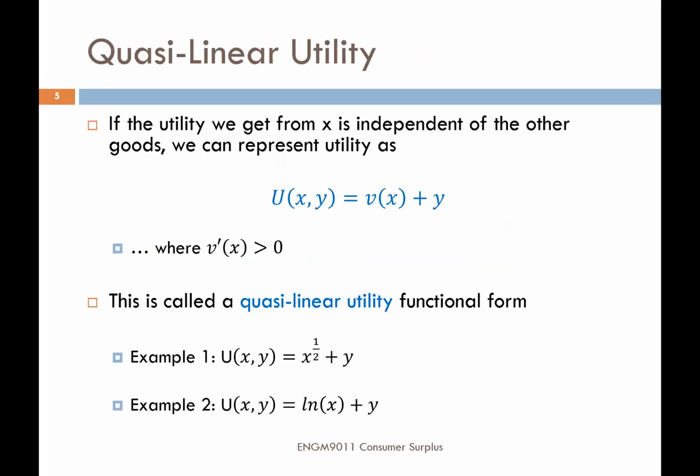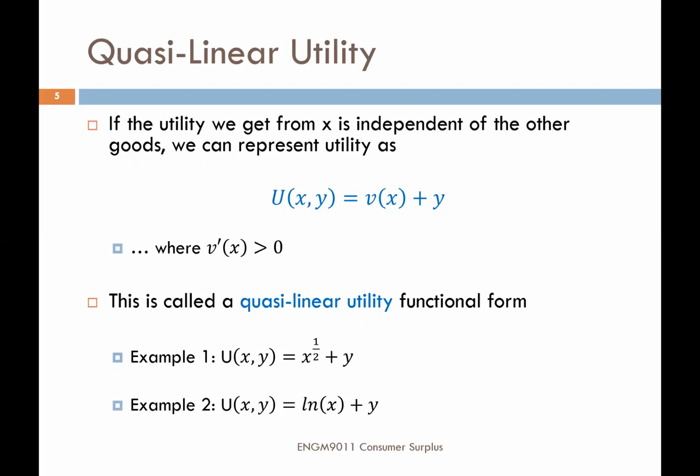All right, so what does the quasi-linear utility function look like? The idea here is that with quasi-linear utility, your utility from the good X is independent of your utility from other goods. This is the case for a lot of things. When you buy breakfast cereal, like we were talking about earlier, if you buy some Sultana brand, your utility from Sultana brand is probably pretty independent of your utility from petrol, from watching a movie, from reading a book, and so on and so forth.